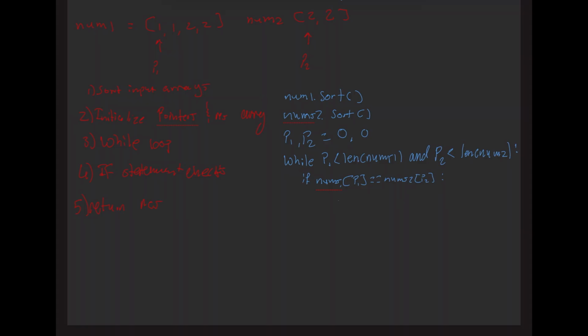And if nums either 1 or 2 here would satisfy the condition as long as they are consistent, nums of P1 not in result. So this is a unique checker. We would like to append this value into our array.